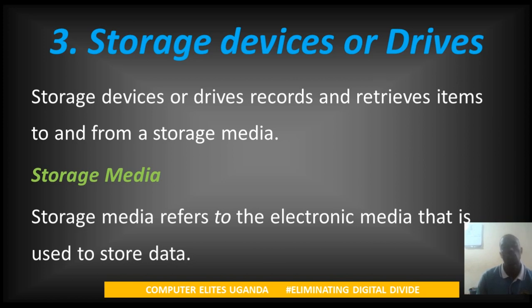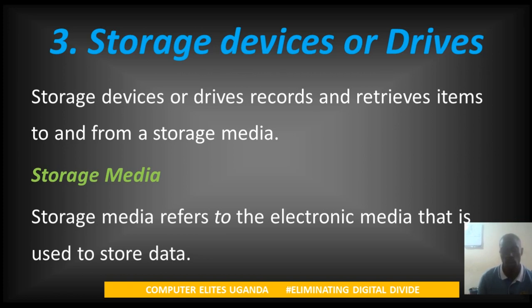Then we have those media, or the ones we call storage media. A storage media refers to electronic media that is used to store data. So the ones which act as storage media are those that contain the data, that you insert the media into the drive.